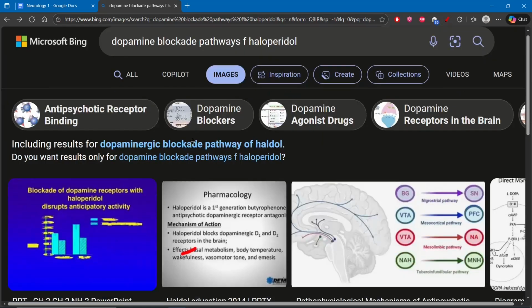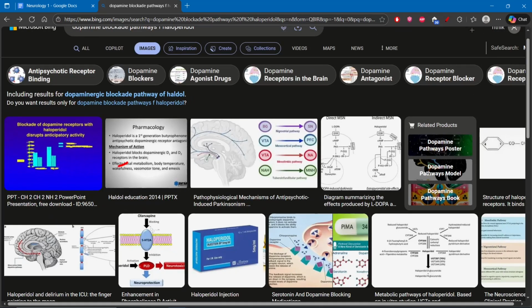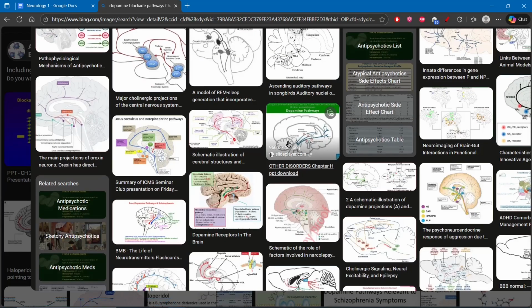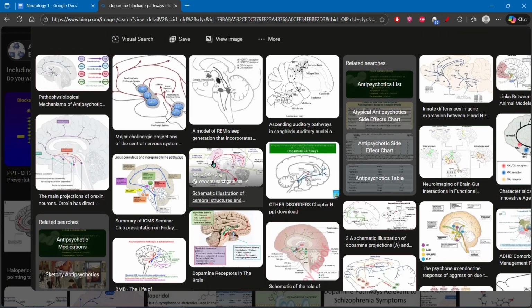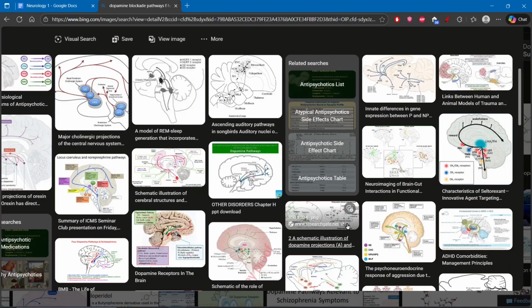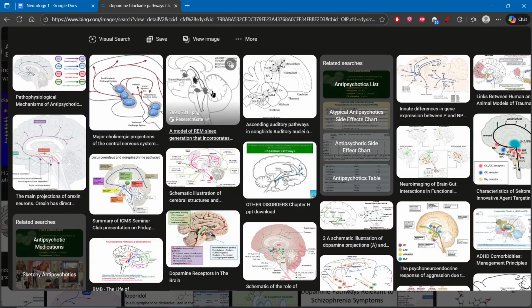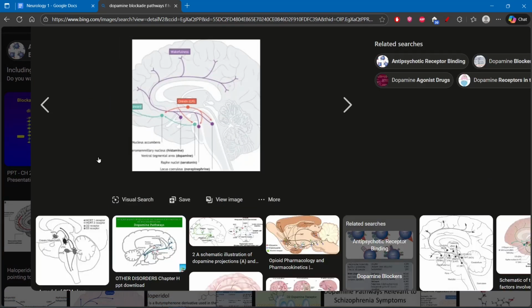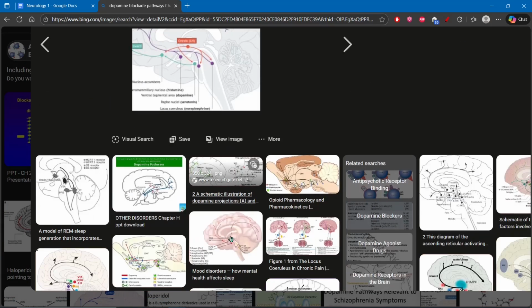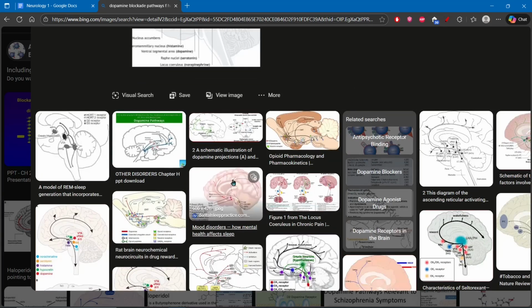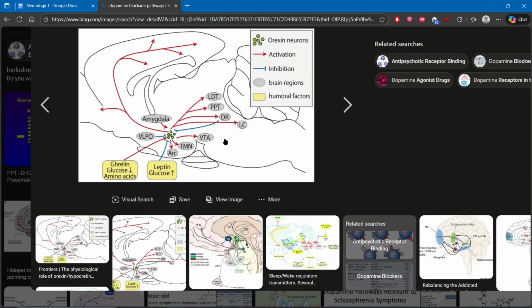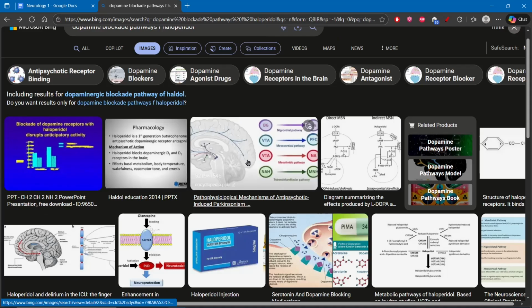For some reason, the illustration has gone away. Let me get to it. There was a very good illustration. Anyway, let's try to do it without the illustration.